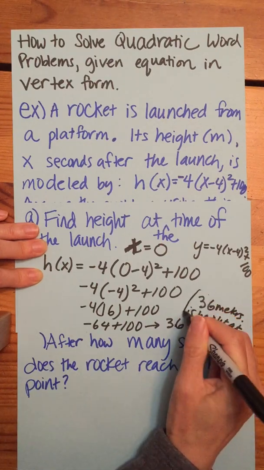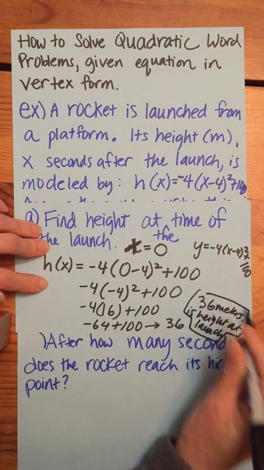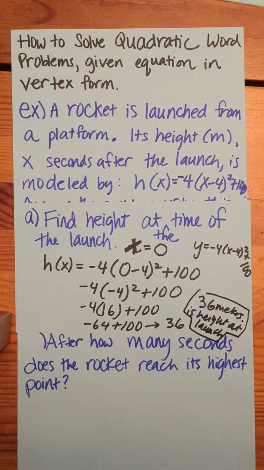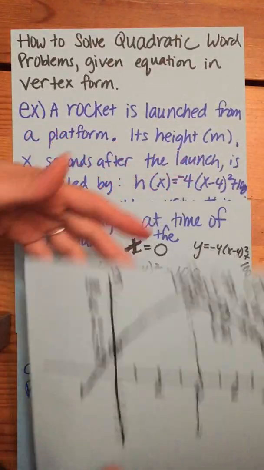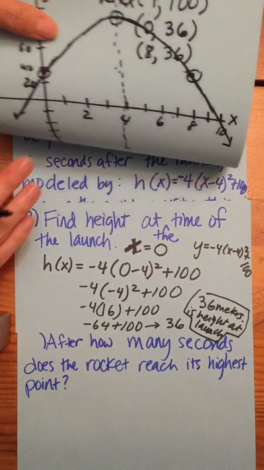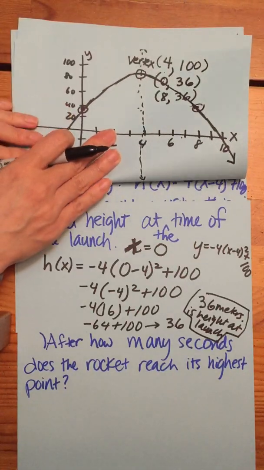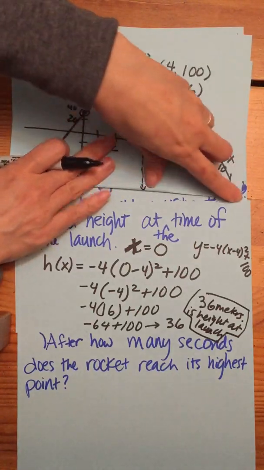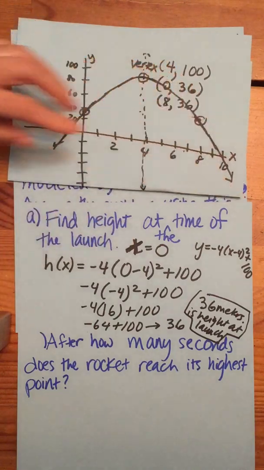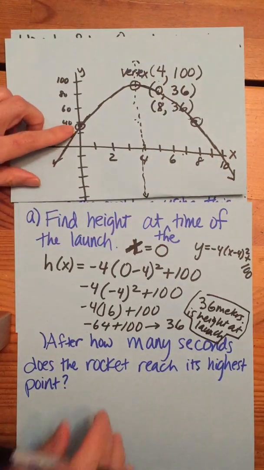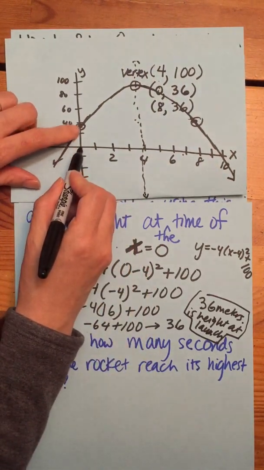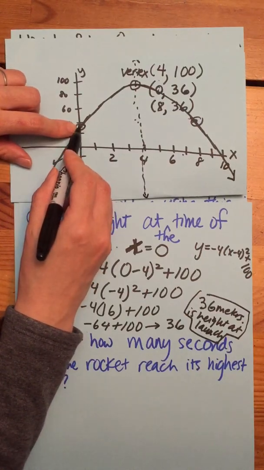Okay. If you look at the graph, which is to understand what's going on here, this is the projection of the movement of the rocket. So what's happening is when 0 seconds passes, this is the height of the launch.